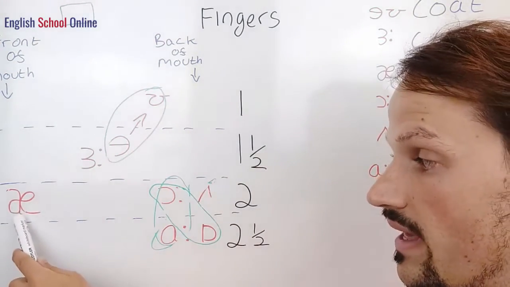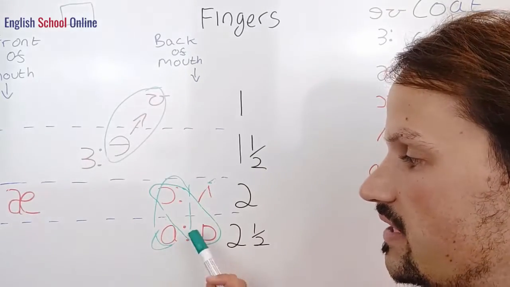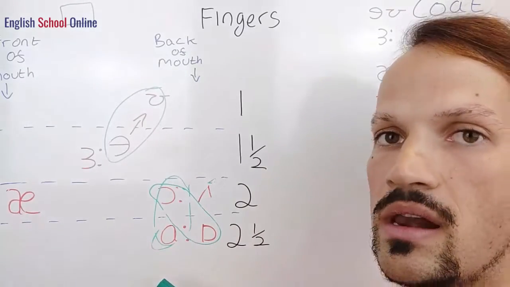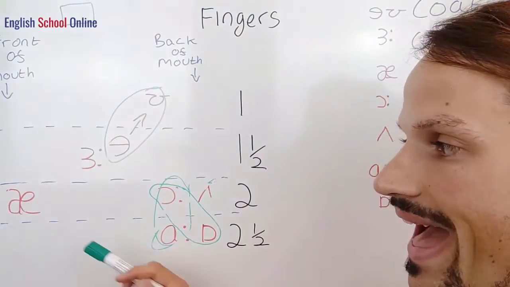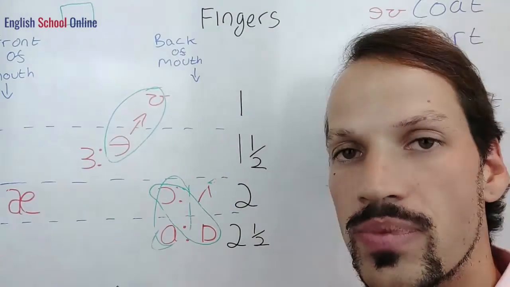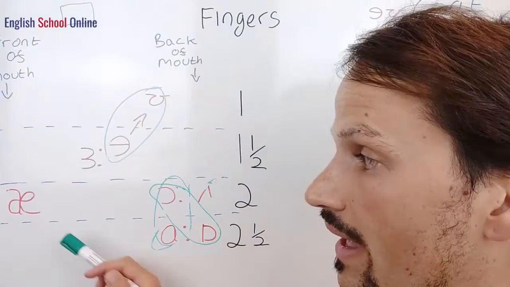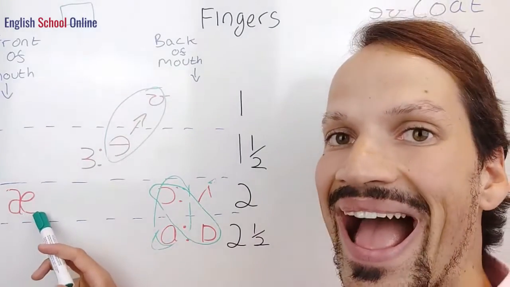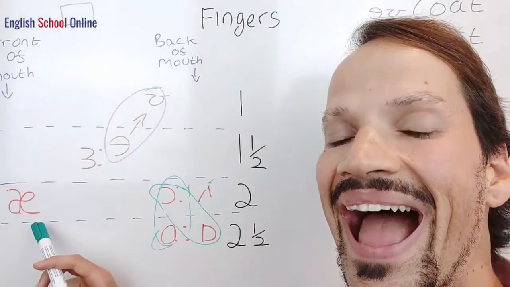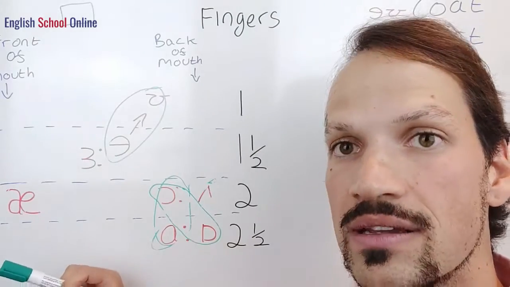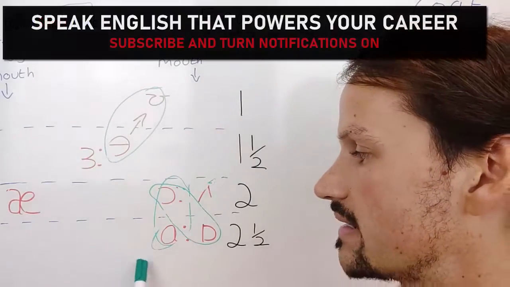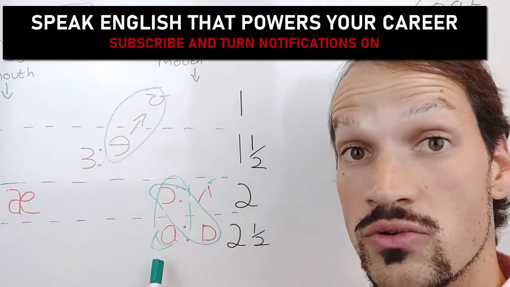Now let's compare this one here with this one here, because this one sounds a little bit like a long "ah", or as close to a long "ah" sound as you're going to get. In English, we don't have a long "ah". You'll never hear it in words. We just don't have it, okay? What we do have is "are", as in, are you going to be there?